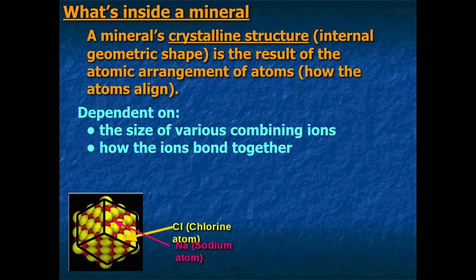And certainly when you look at a piece of salt under a microscope, at least that's what I did when I was a kid, you see many, many little cubic type structures, which is again indicating that the sodium and chlorine are aligning themselves, creating this internal structure.